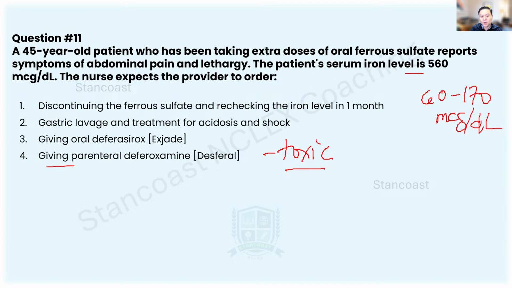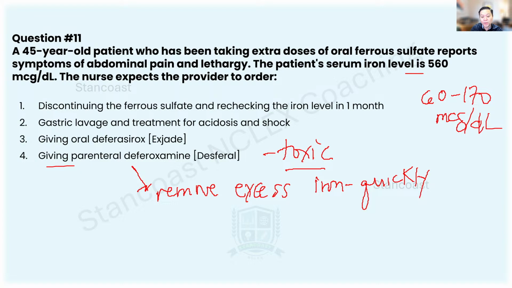And so what we're going to get ready here is to anticipate the administration of the deferoxamine, which is a chelating agent. And this is going to remove excess iron quickly. So the deferoxamine is what we call the chelating agent. It removes excess iron quickly.